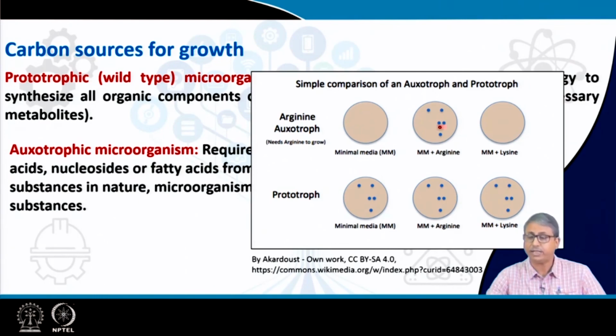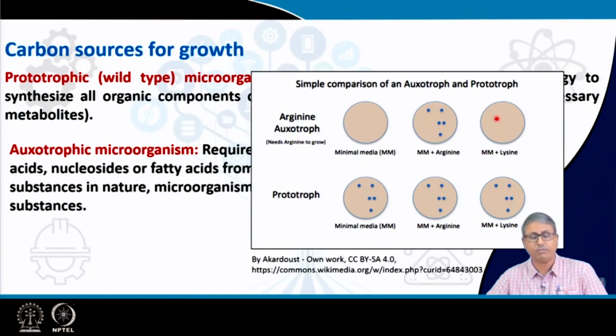But if you add arginine into the agar medium, you see growth happens and colonies appear. That means externally available arginine must be there. However, instead of arginine, if we provide lysine to them, we do not see any growth of the cells. That again confirms that they lost the ability to produce arginine. So, these are called arginine auxotrophs.